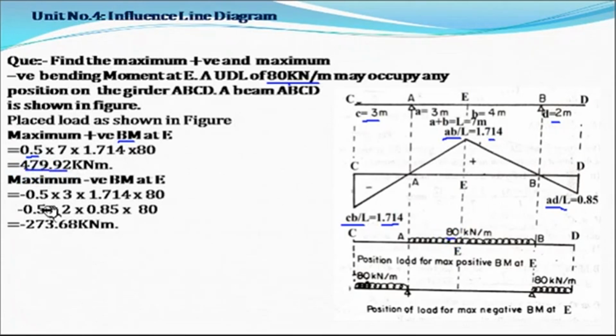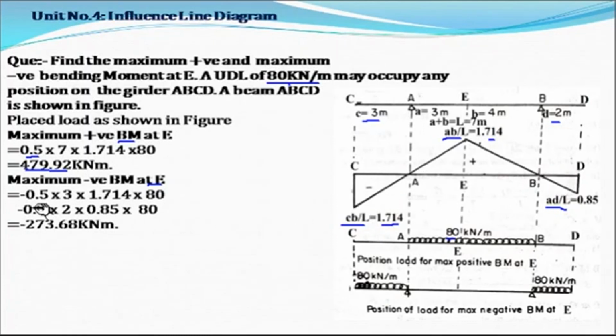Now next they are told to find out the maximum negative bending moment at the section E. So this is the negative diagram. So you have to place the UDL over this portion as shown in this figure. Now below this UDL, the nature of the influence line diagram is a triangle.